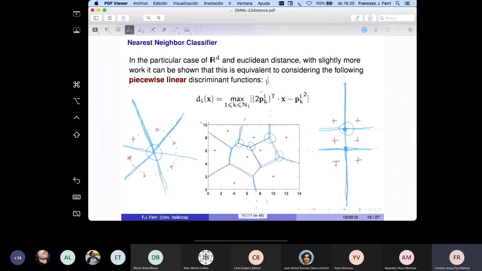In 3 dimensions, we have a set of planes, sides in fact, because they are like bounded planes. And in more dimensions, we have a hyperplane. The dimension of the Voronoi diagram is 1 dimension less than the space.